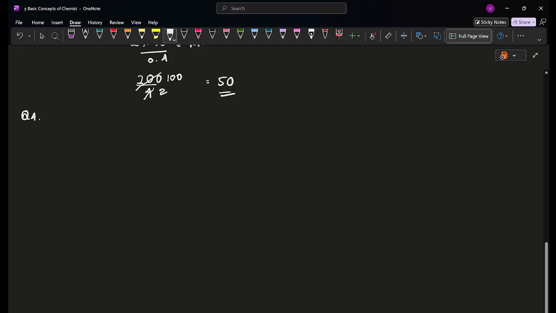Alright, so let's now go to the next question, which is normality. A metal oxide MO has 40% of oxygen, find the equivalent weight of the metal. So we basically need to know the formula mass of the metal, right?